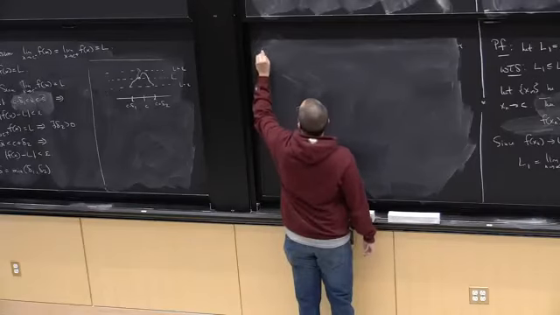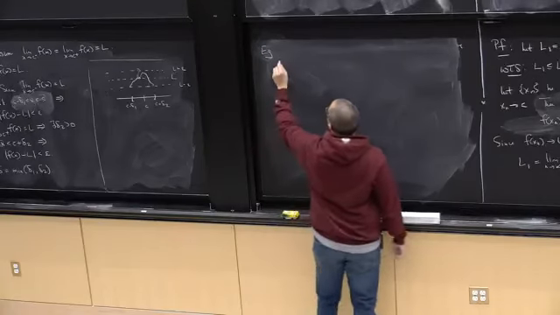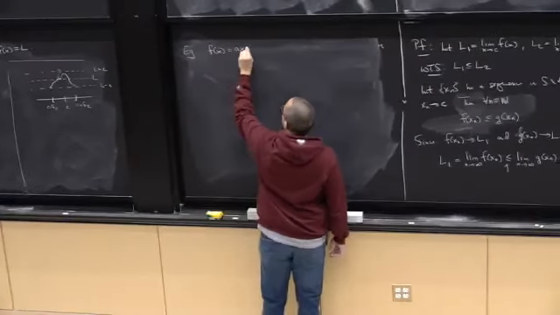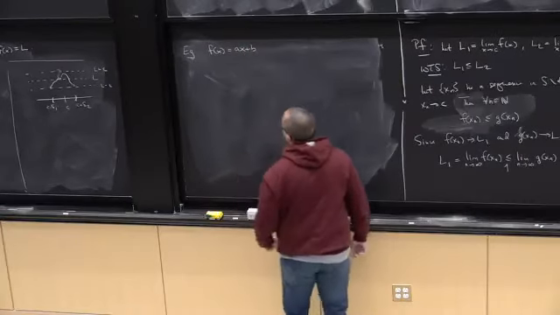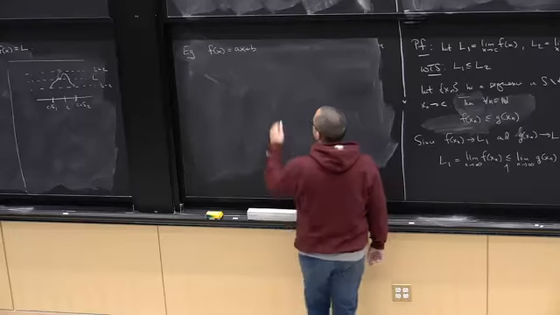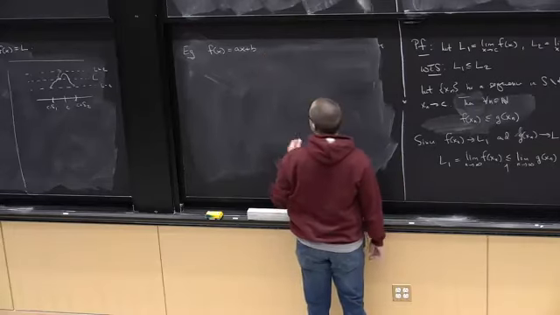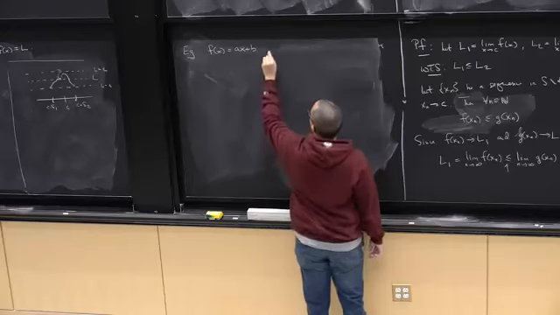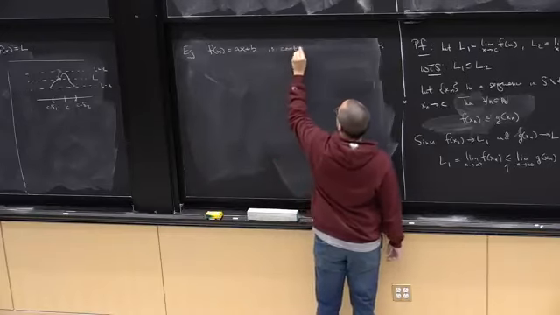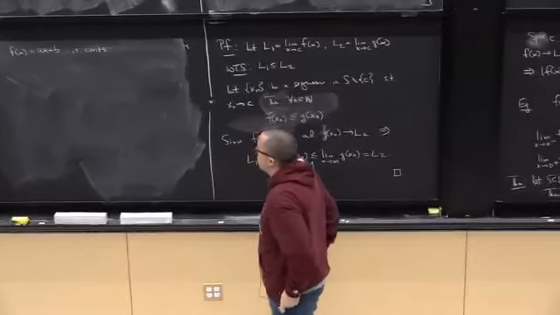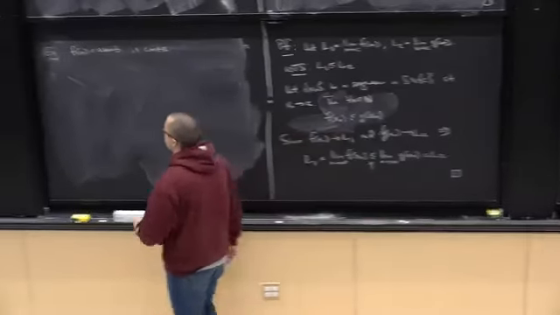So the affine function, f of x equals a times x plus b, so S is R, so x is a real number, is a continuous function, meaning it's continuous at every real number c. All right? So let's prove this.